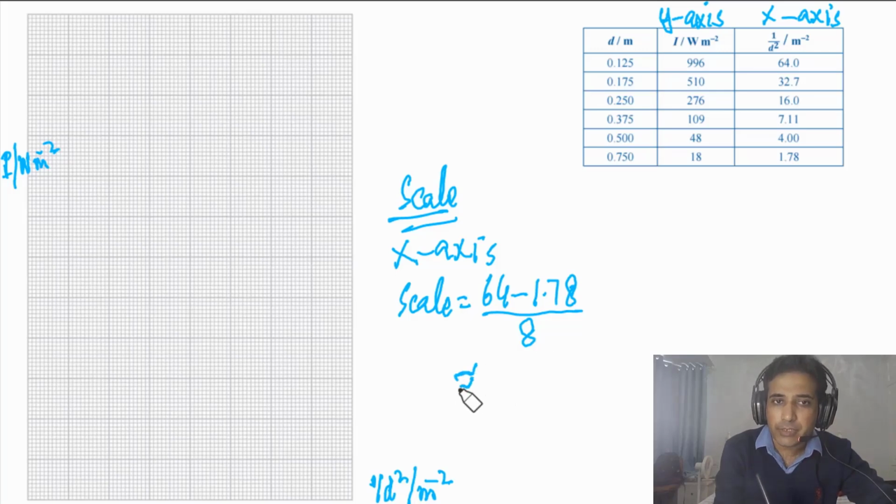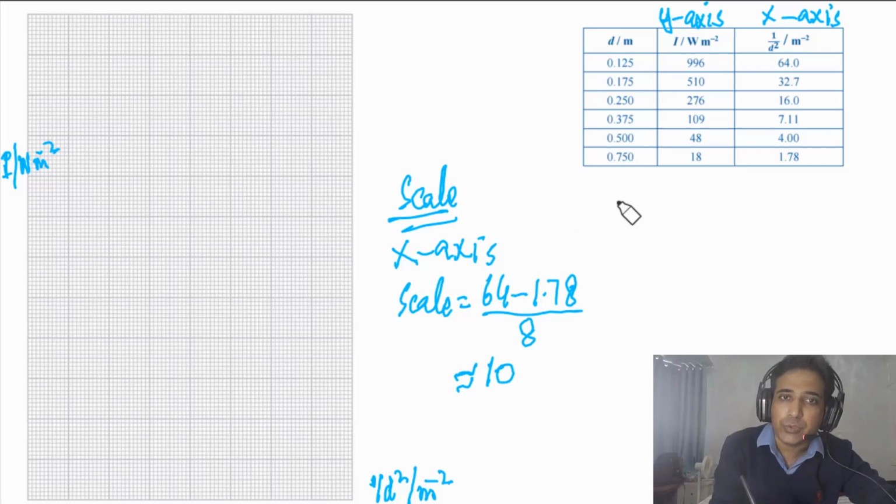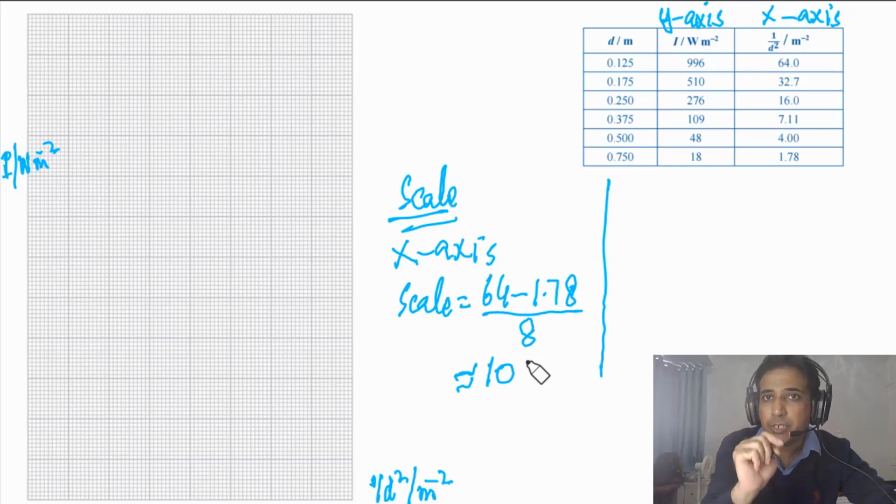Approximately, for example, 70 divided by 8, around I can write down 10. You have to choose a convenient number. In this case, 10 is convenient, so we will use it here. Actually, if we divide exactly, it will be smaller than 10, but we have to choose a convenient number so you can sketch the graph easily.